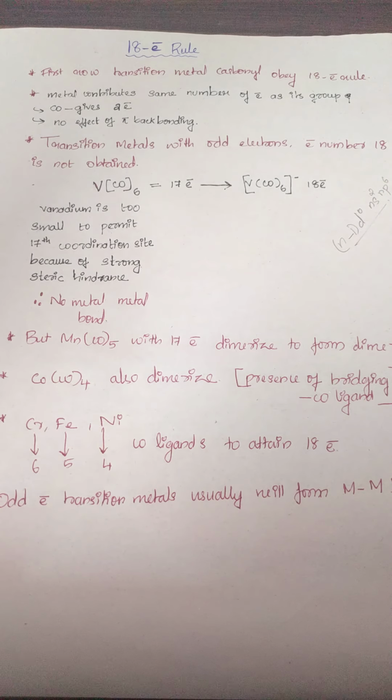Since there are 9 bonding molecular orbitals, as I previously told, 1 s orbital, 3 p orbitals and 5 d orbitals, and when we add 2 electrons in each, a maximum of 18 electrons will be filled as predicted by the 18 electron rule, and because of that, these complexes are considered to be stable. Thank you.